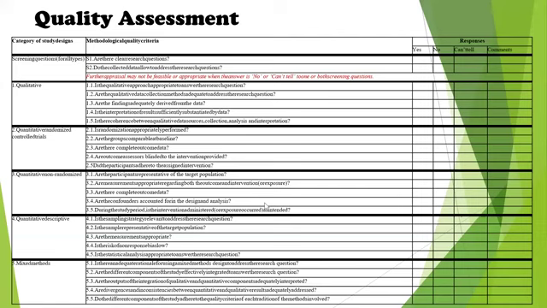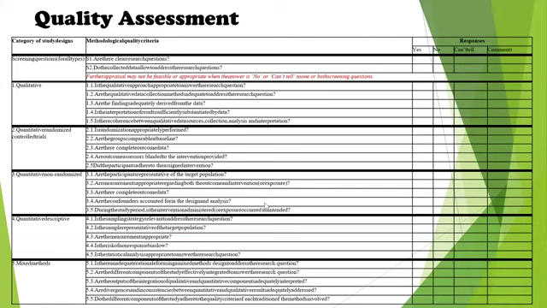Then there is also what we call quality assessment in writing review papers. With quality assessment, you have to tell us the quality of the papers, because people writing the normal, traditional review will just include any paper.